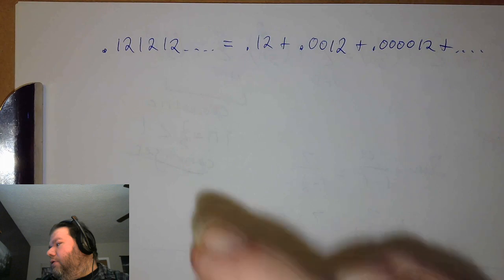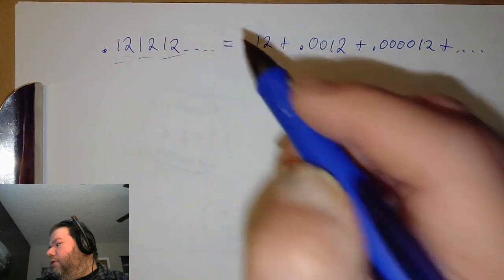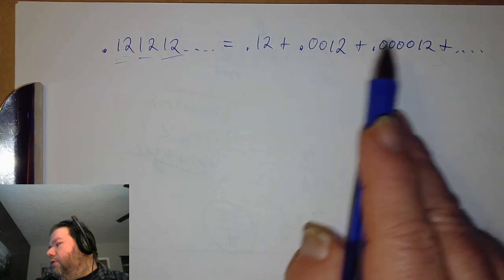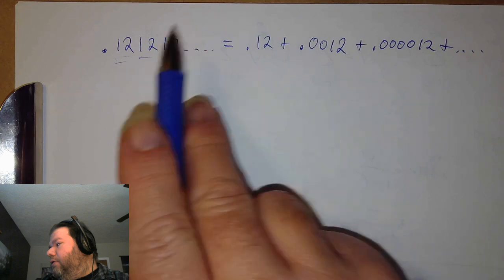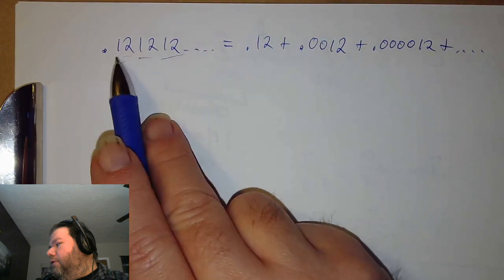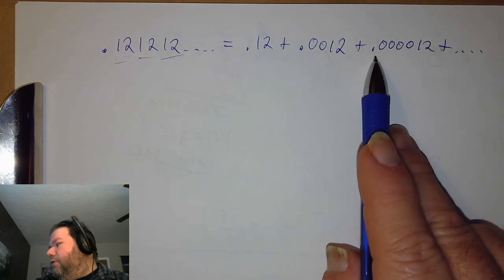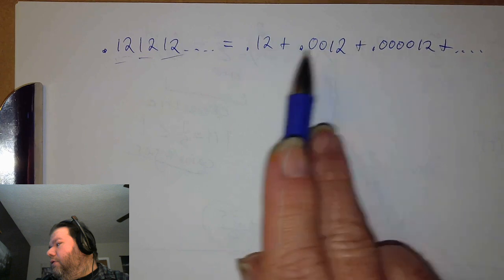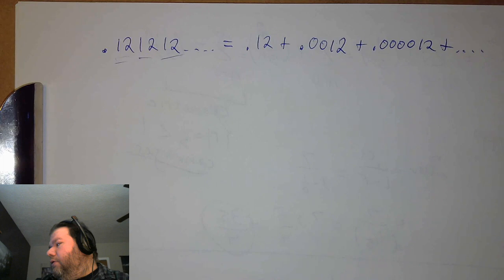So basically take these three parts and write them as separate decimals. We have our first 0.12, and then our 12 that follows, which would have 2 zeros in front of it. This one has 4 zeros in front of it, and then 12, so that we can add all three of these to get the repeating 12. And then we would continue that pattern from there.